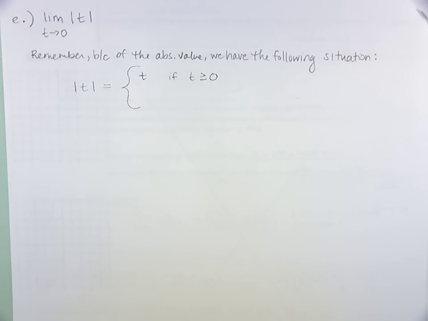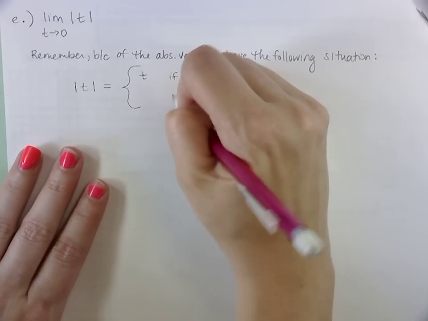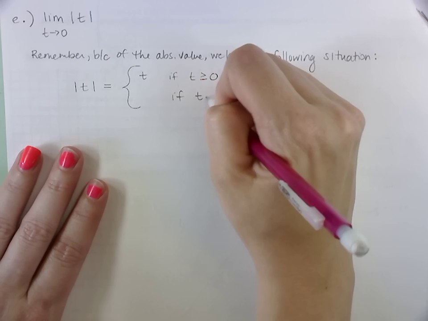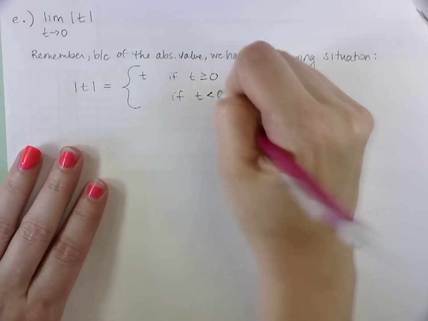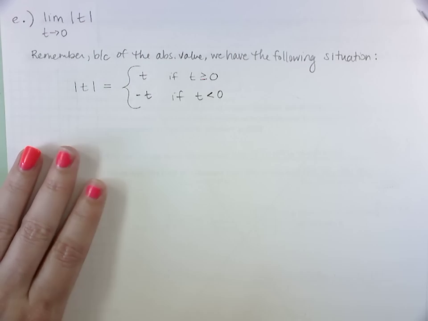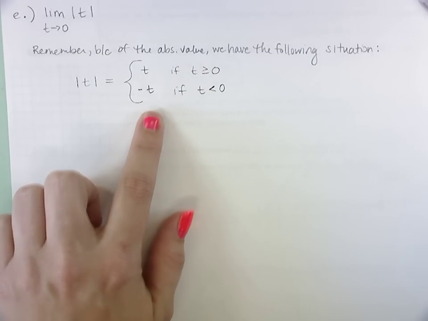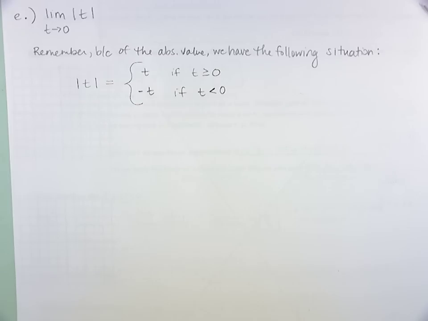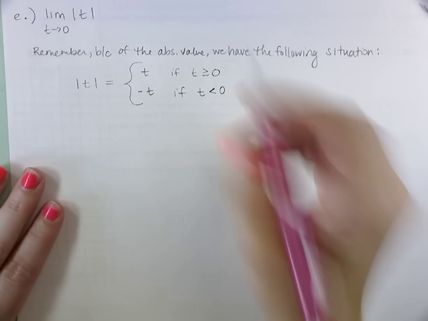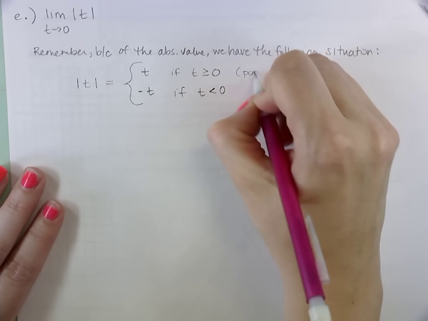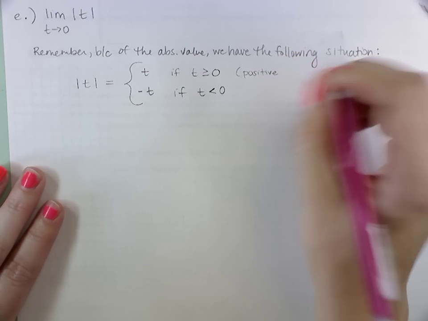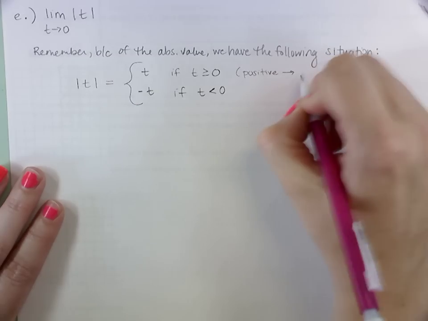So if t is less than 0, what you would be plugging in is a negative t value, negative t. On one side, it represents the positive values, the right side of the graph.